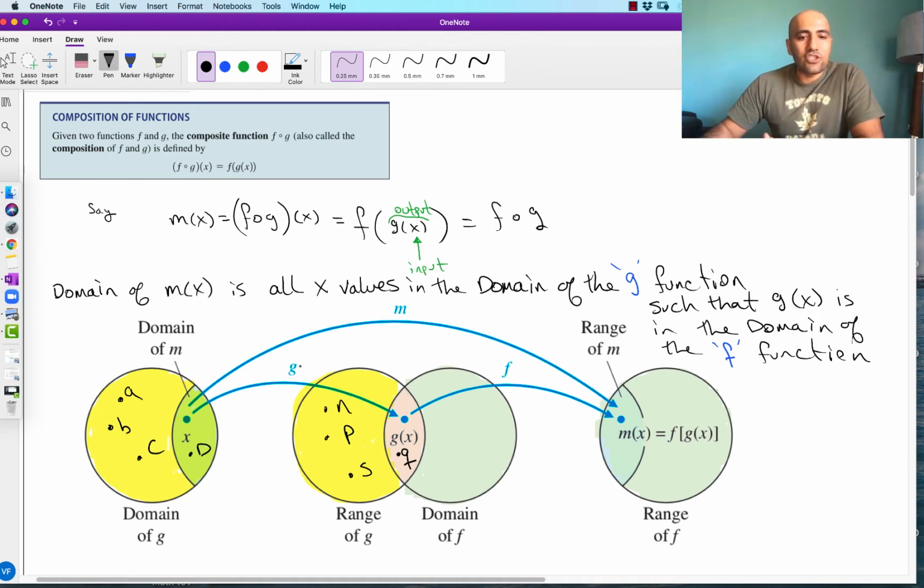So let's say that G represents a domestic airline. And on the other hand, let's say F represents an international airline, where they pick up passengers in cities within the US. So maybe they go to city W and city E and city L, right?